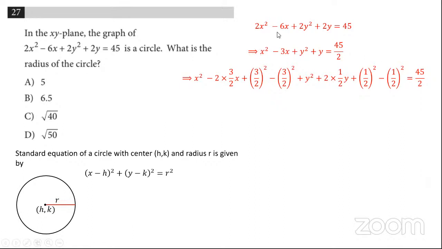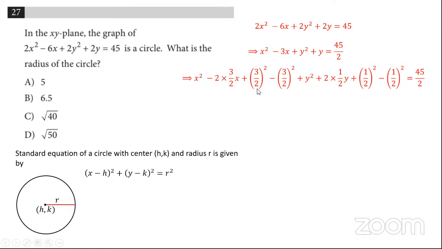get our equation into the form x minus something the whole square plus y minus something the whole square equal to some r square. So for that, what we did is x square minus 2 into 3 by 2. This is like x square minus 2ab. Here a is x and b is 3 by 2.